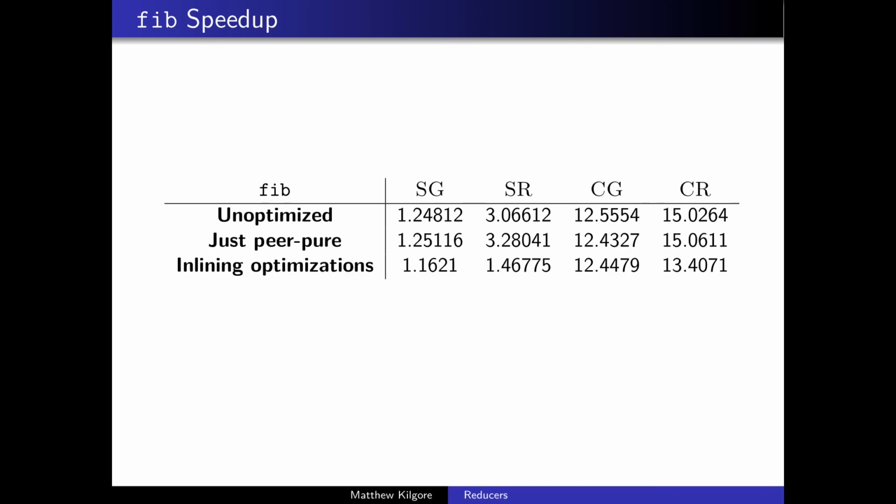But if we include those inline optimizations, we do see quite a benefit. In the Fib case, we cut down on the serial overhead to under half a second, and we cut down the Cilk reducer overhead to just a bit under 1 second. So that's really nice performance.